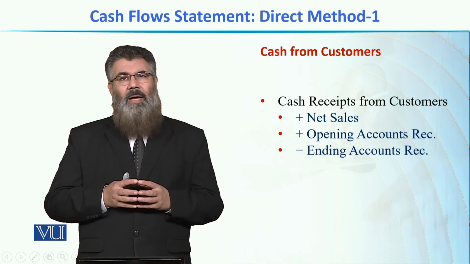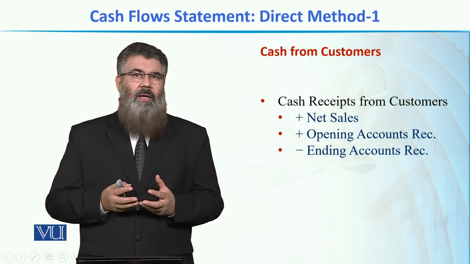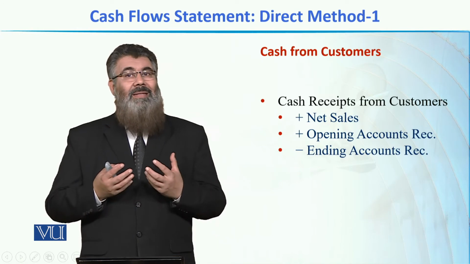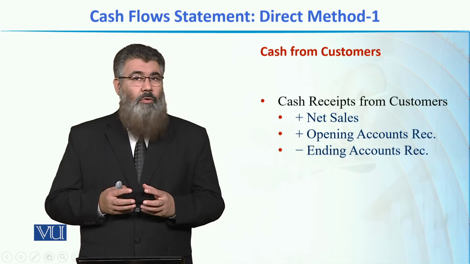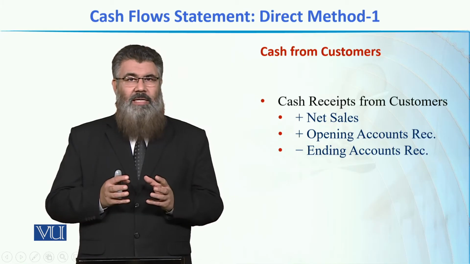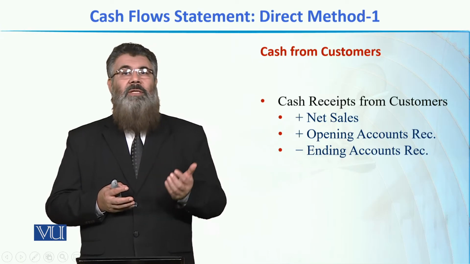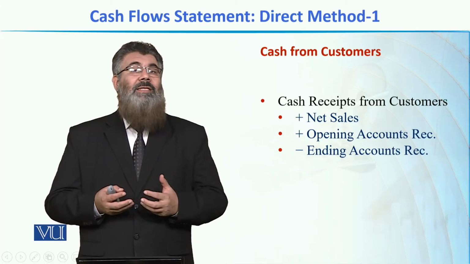लेकिन अगर हमारे अकाउंट्स रिसीवेबल के बैलेंस में कुछ इंक्रीज हो गई है तो इसका मतलब है कि सेल्स में से कुछ पैसे हमें नहीं मिले, और अगर कुछ डिक्रीज हो गई है तो इसका मतलब ये है कि न सिर्फ इस साल की सेल्स के पैसे हमें मिले हैं बल्कि कैश इनफ्लो पिछले साल की सेल से जनरेट होने वाले रिसीवेबल्स से भी हुई है.